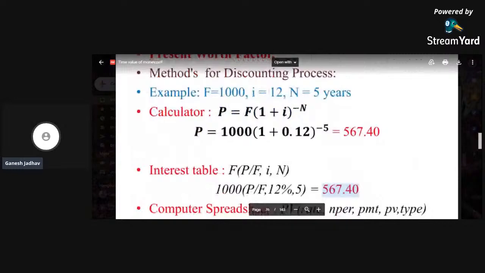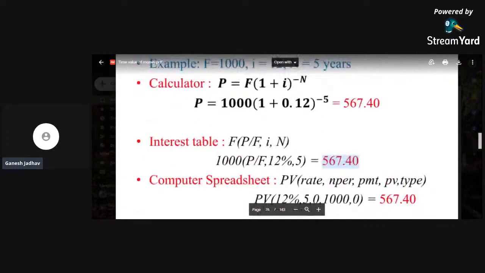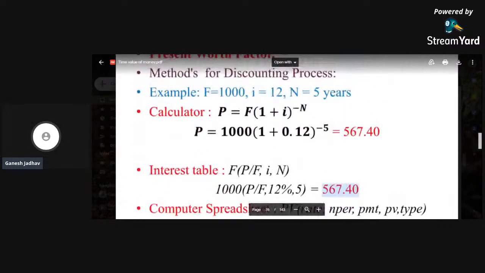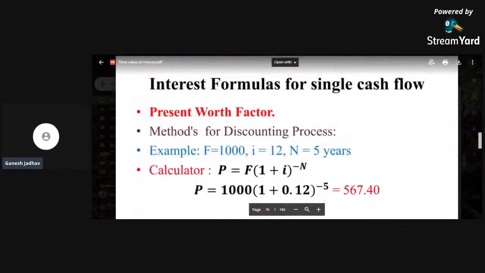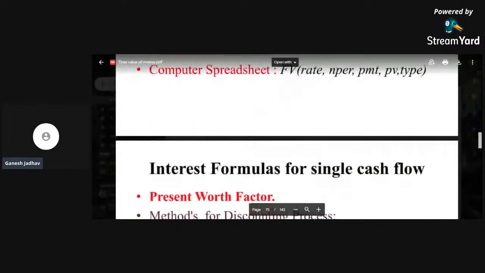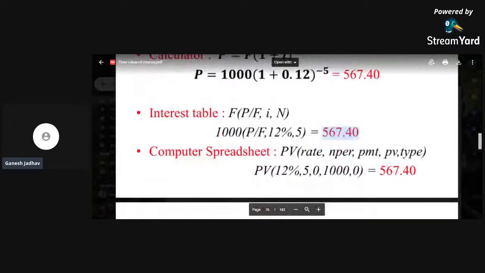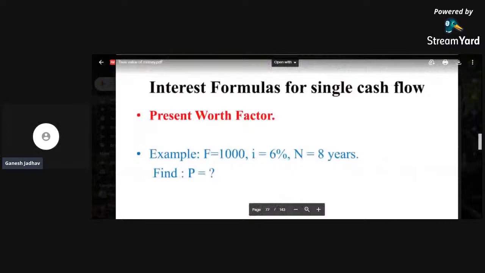So you can solve it by using the computer spreadsheet also. This is the present worth factor.